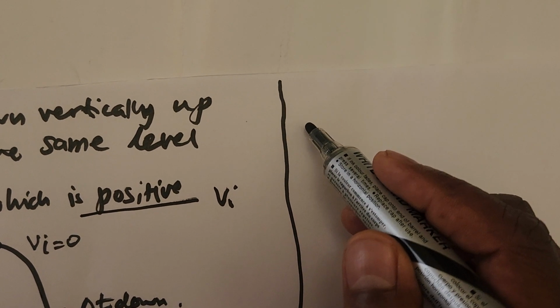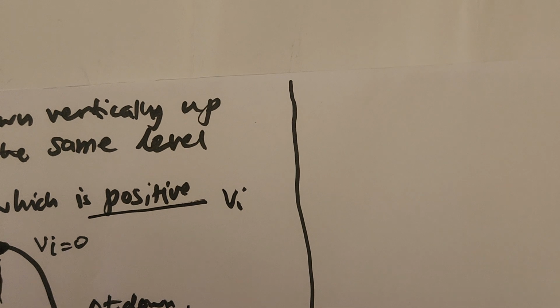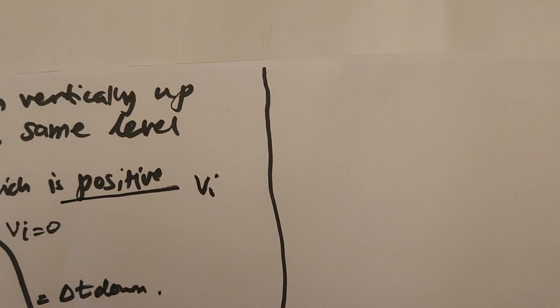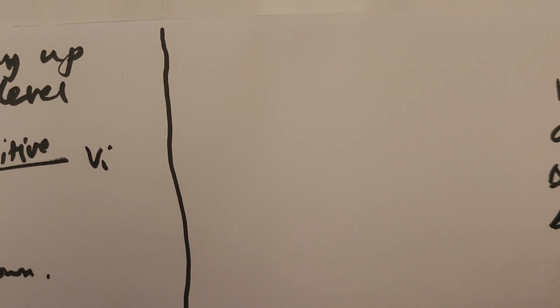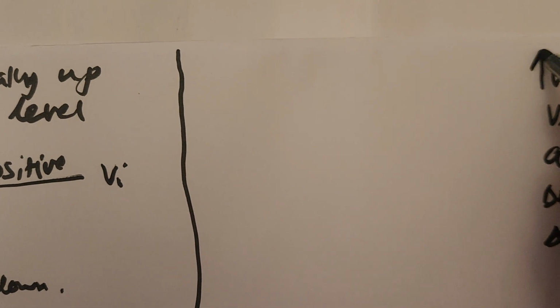Now let's try to work it out. We say first and foremost we have to choose direction. We are guided by VI. Remember to write all the 5 quantities as a strategy here. That will make you solve all these problems with ease. VI, VF, A, delta T, and then delta Y. So the VI now is upward.